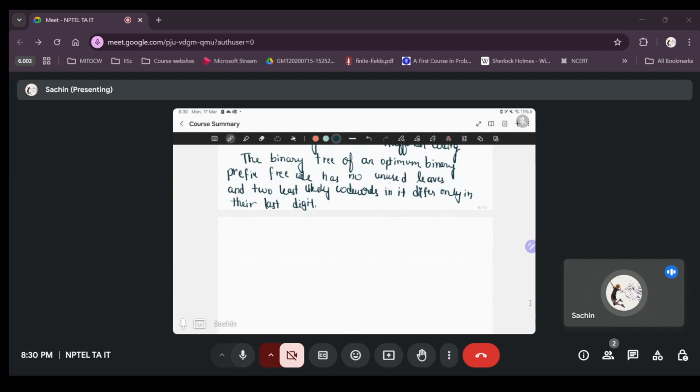By using these, you have an algorithm, which is Huffman coding, which gives you the optimal prefix-free code for any random variable.